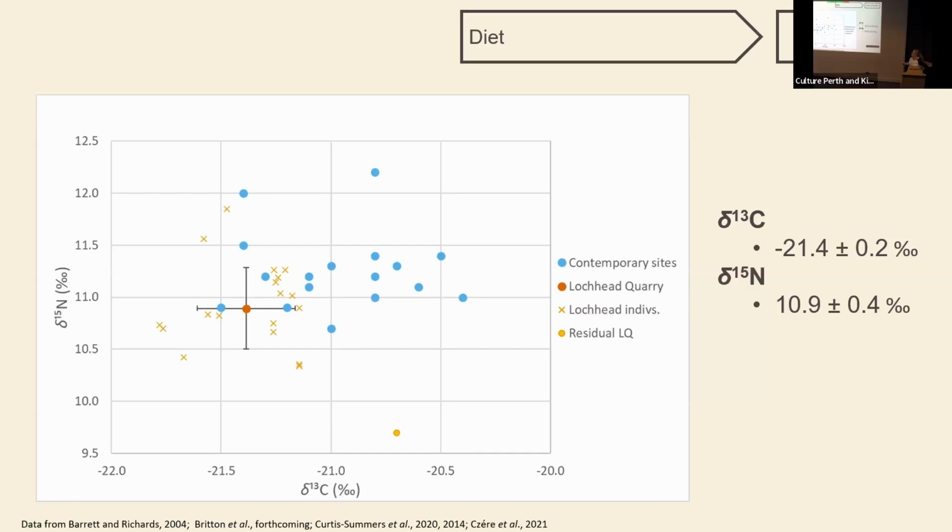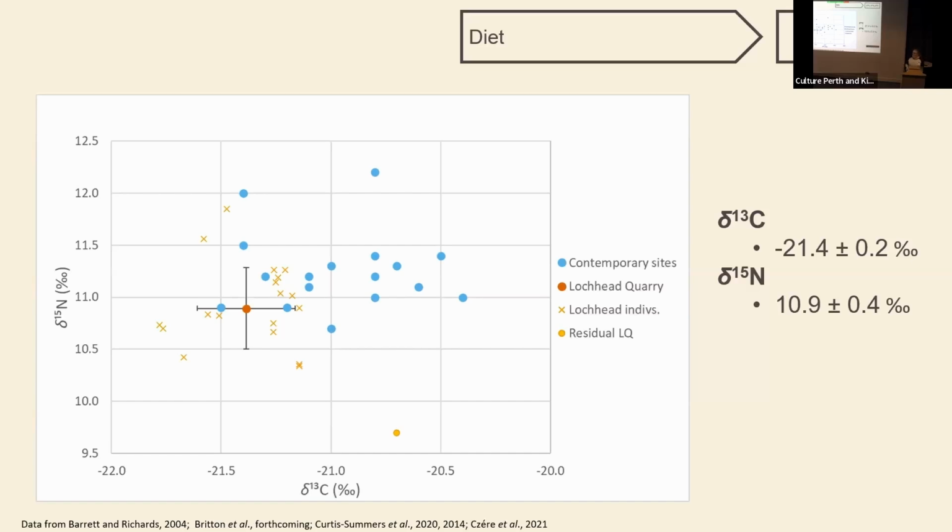You have got some variation within this though. For example, these two individuals up here, and then a bit further down here. But the problem with this type of analysis is that you need to compare it to things like animal bones, because this will vary in different places across Scotland. Therefore, what seems low at one site might actually be quite high compared to the fauna at that site.